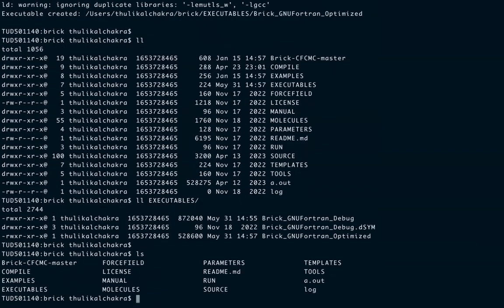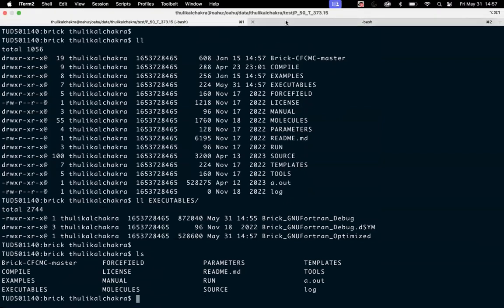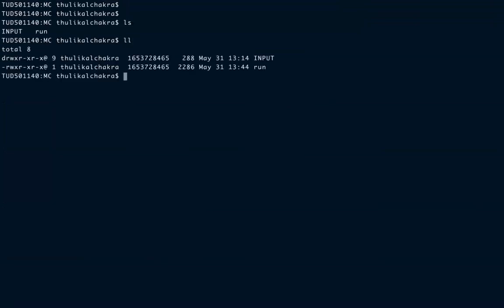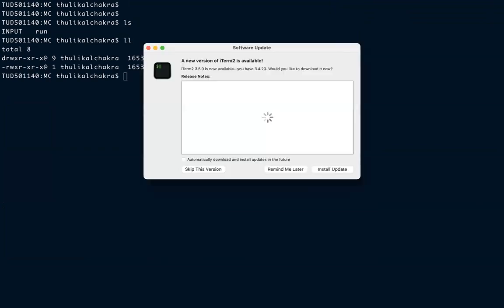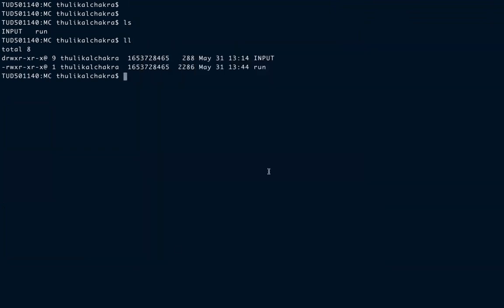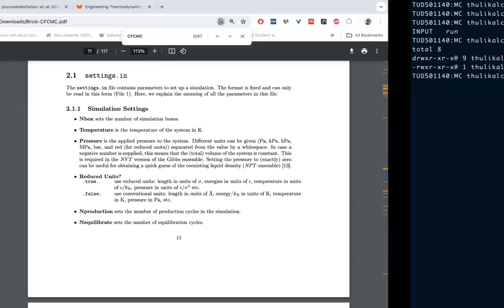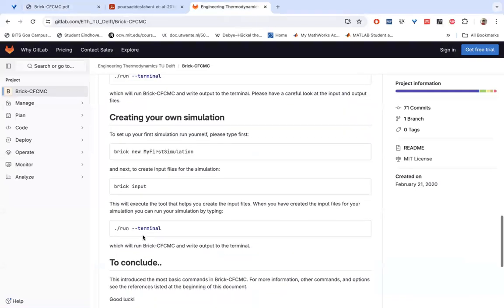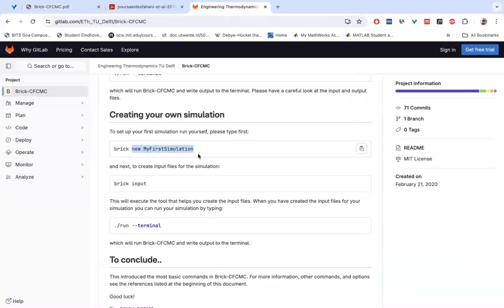Okay, so once the software has been installed, I have already created the input and the run file, but you can also do this fresh. You can just say brick new, as shown here. Brick new, my first simulation.